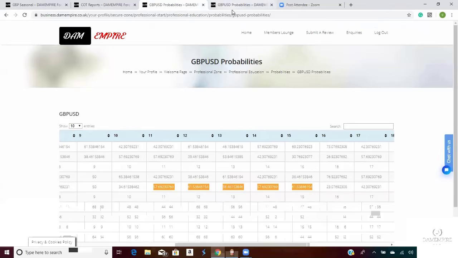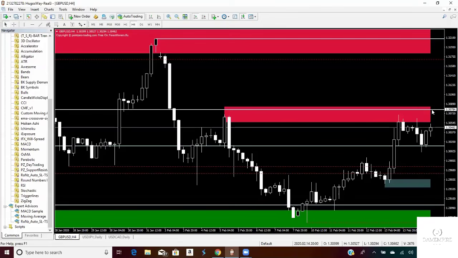So GBPUSD sell around this area, and we're looking to catch about 185 pips. I like that. Or bring it down here about 205 pips. I like that.